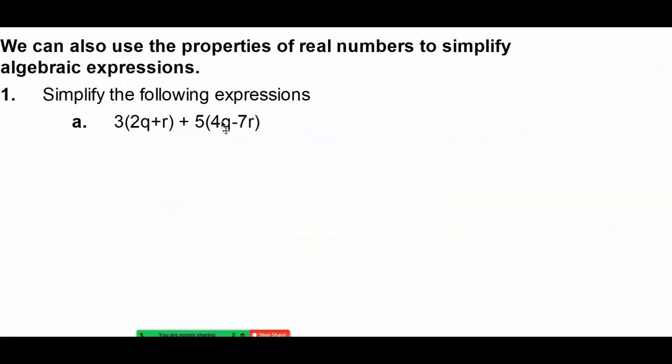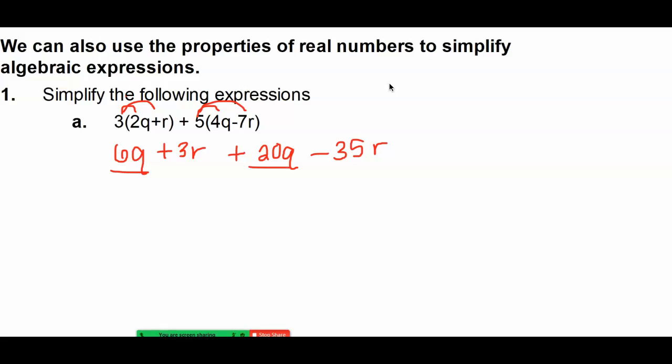Okay, the last part of this lesson is, can you distribute, combine like terms, and simplify? So we distribute the number 3. 3 times 2 is 6Q. 3 times R is 3R. 5 times 4 is 20Q. 5 times negative 7 is negative 35R.